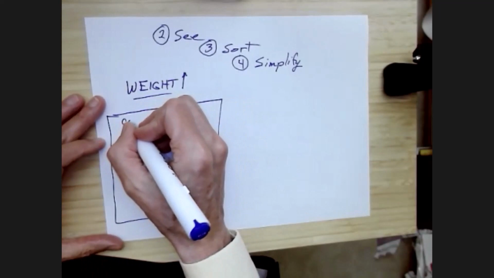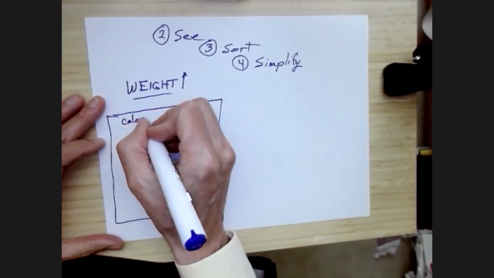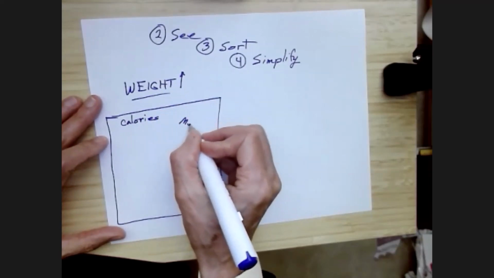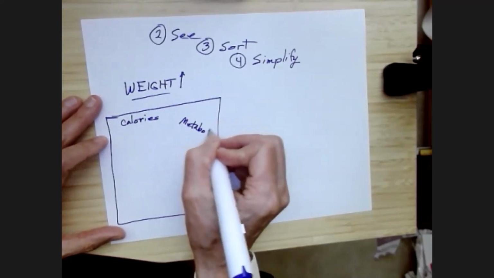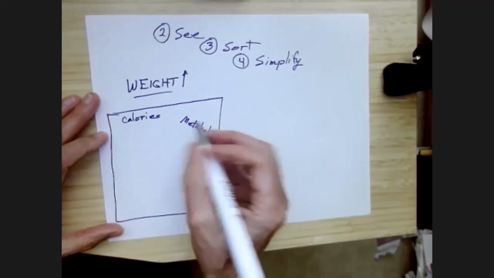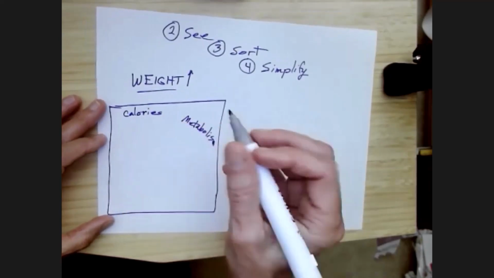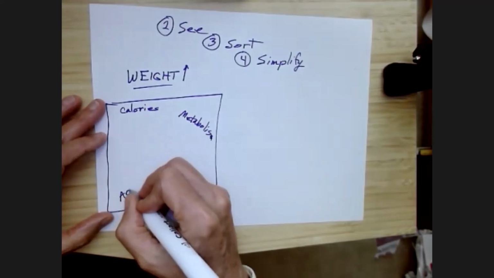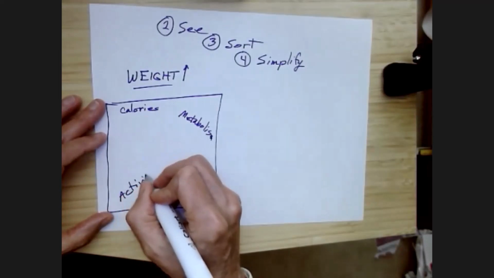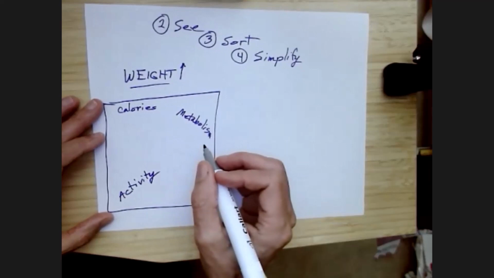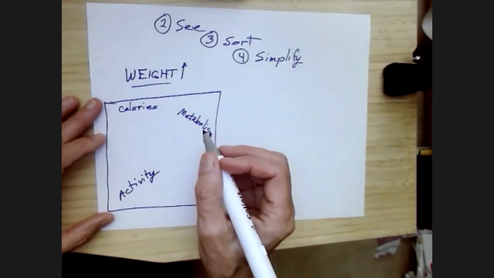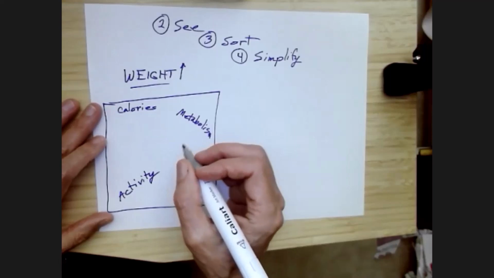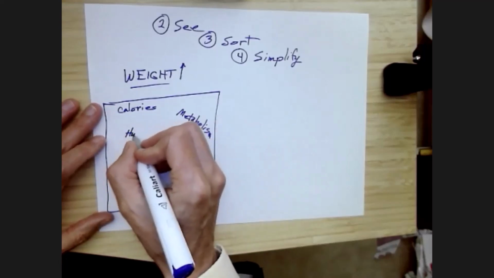And part of it is we get calories, we take in food. Part of it is metabolism. We've got our activity. We've got an issue like hunger.